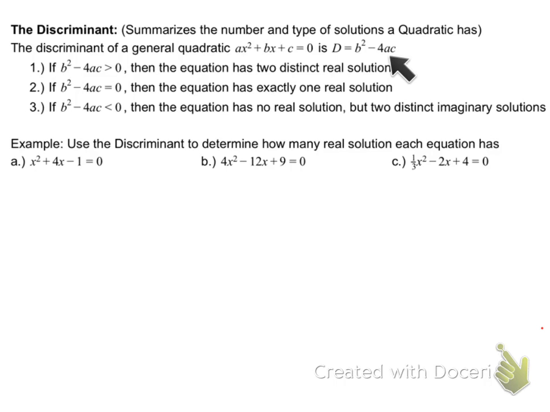The square root of 0 is only 0, so there's only 1 answer. And if it's less than 0, that means there are no real solutions, but there are 2 imaginary ones because you'll have i. So each one of these: 2 real, 1 solution, and no real solution.